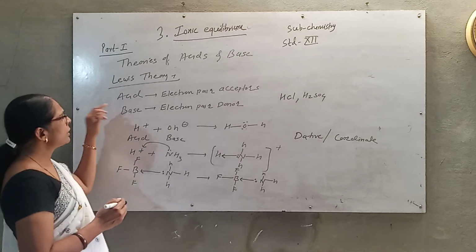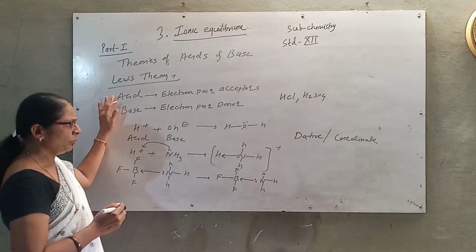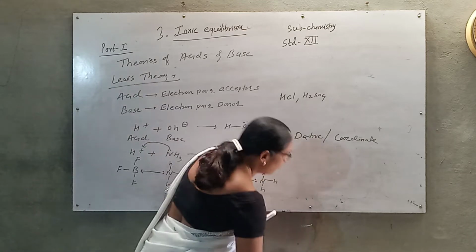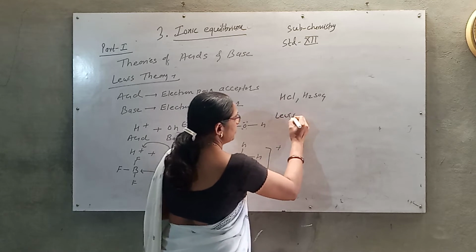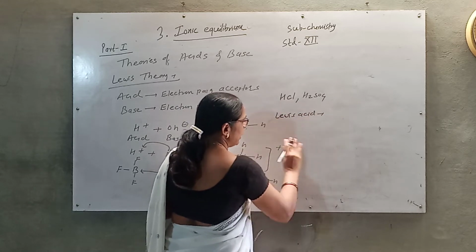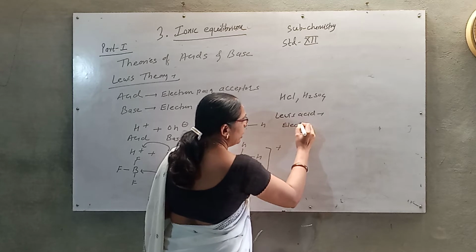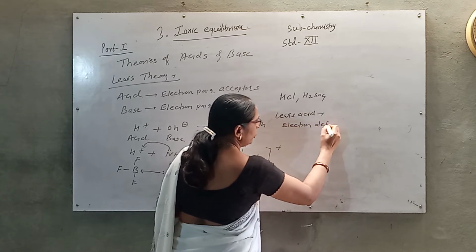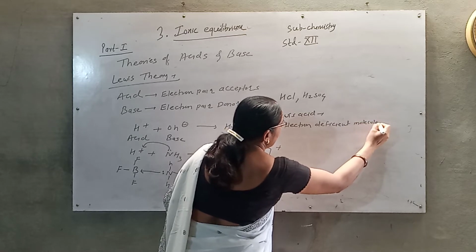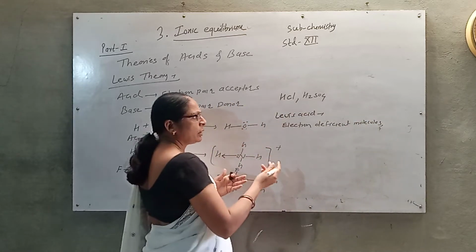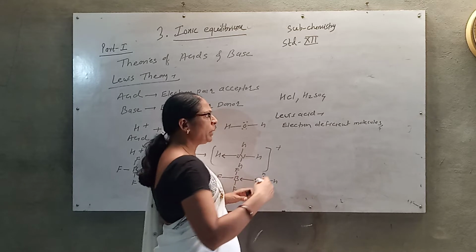So let us consider examples of Lewis acids. What are the Lewis acids? Electron deficient molecules are examples of Lewis acids because they have the tendency to accept a lone pair of electrons.